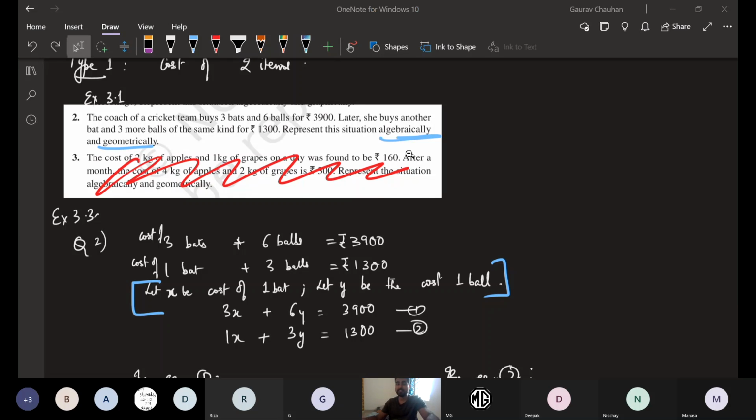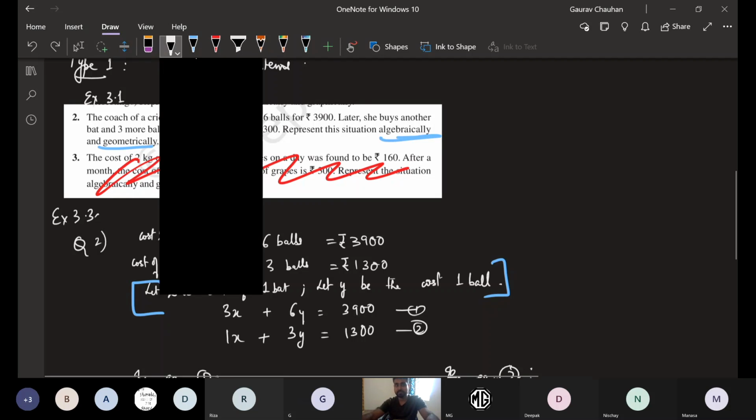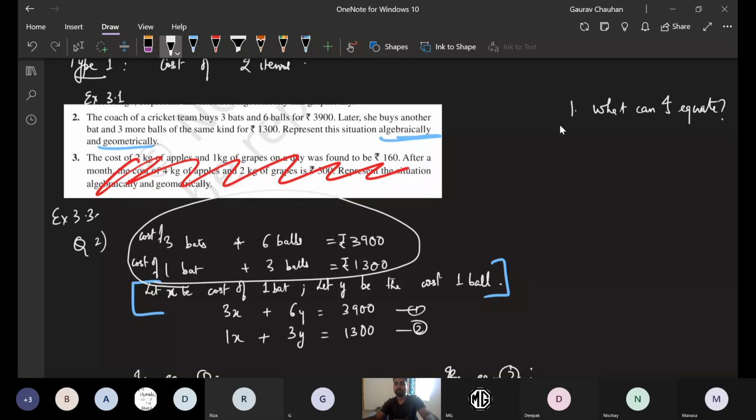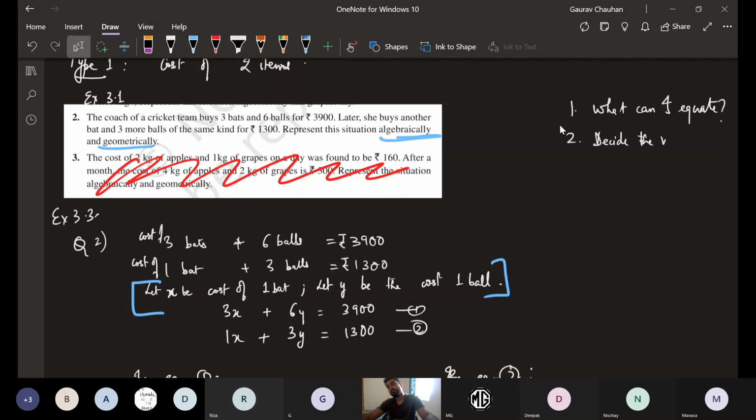Guys, MG has shared the steps, and I'm going to just rewrite those steps. First thing is she's thinking, what can I equate? Where is an equation possible? So this was Mansa's way of thinking about what she could equate. Then she went on to decide the variable.